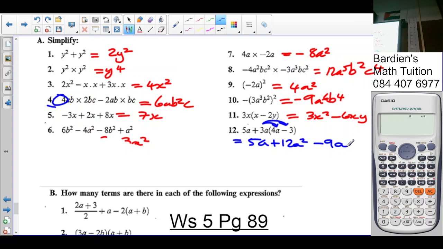I wrote it plus, but in the next line I wrote minus. I don't know. But now how do you get minus? So that positive times a positive is positive. Not so? Okay. So now we're going to add up like terms. So go on your number line. What is 5a minus 9a?